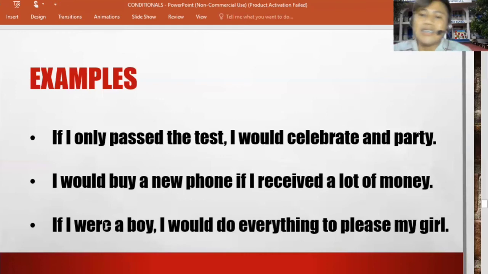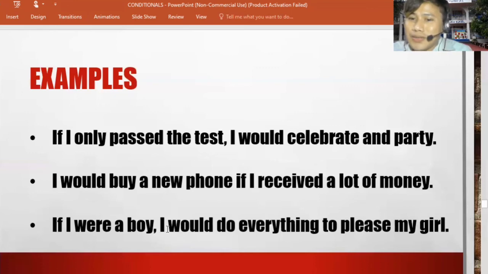So as you can see in here, you can never be a boy in the first place, even though you undergo a transplant, because genetically speaking, you are still a woman. And she will do everything to please my girl.